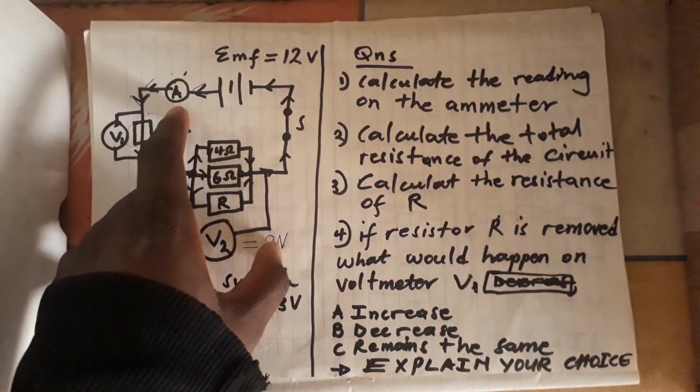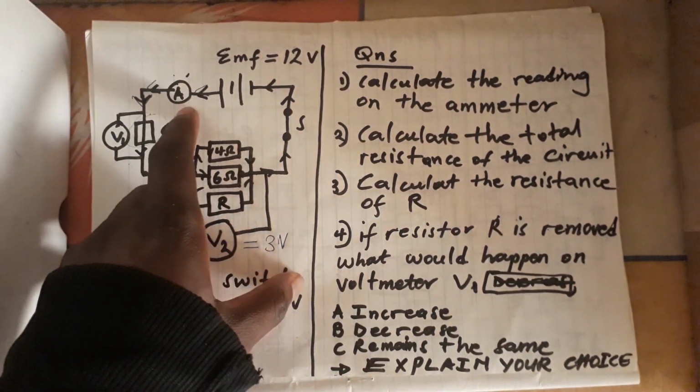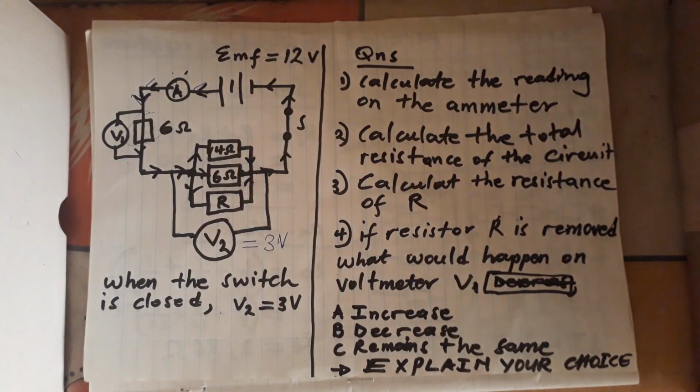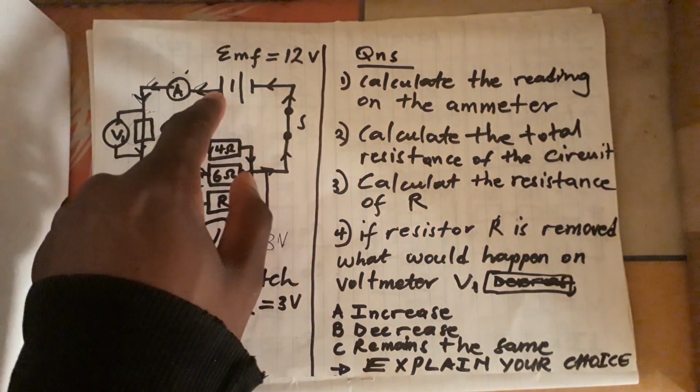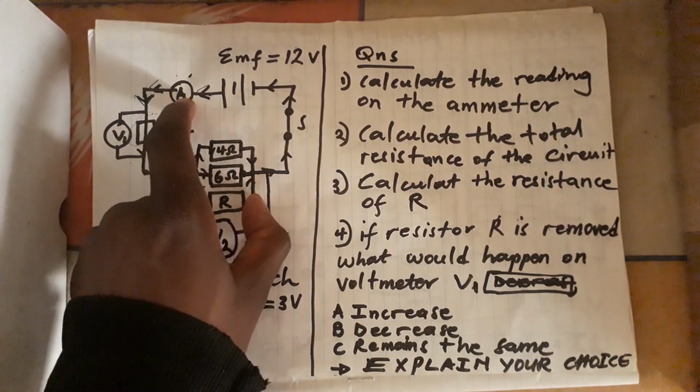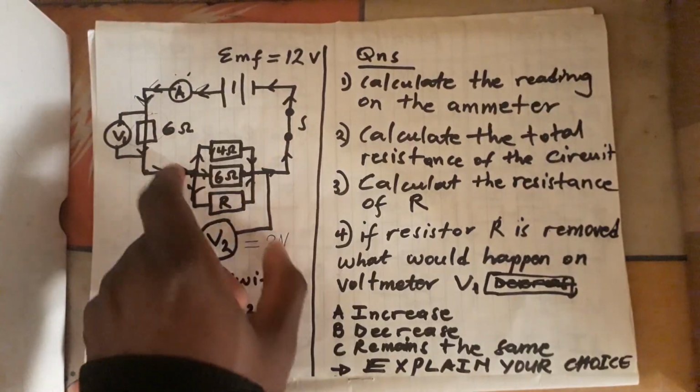When you look at this, the ammeter is connected in series, meaning that it's going to measure the total current of the circuit. Whenever an ammeter is connected in series, it means that it's going to measure the total current of that circuit, because the current moves straight from this terminal to the ammeter and then continues like that.